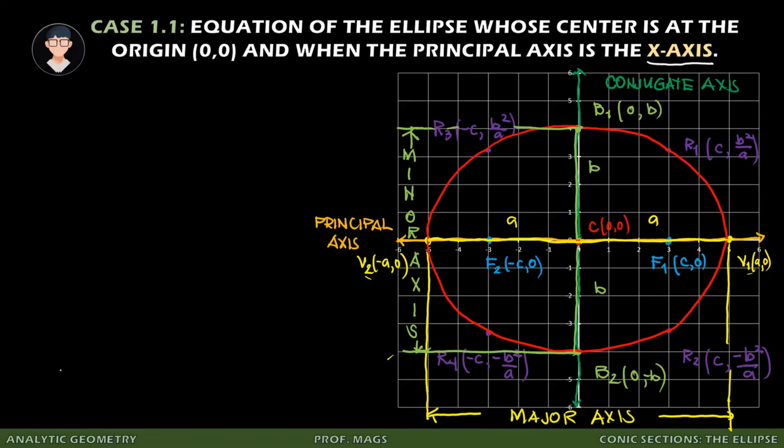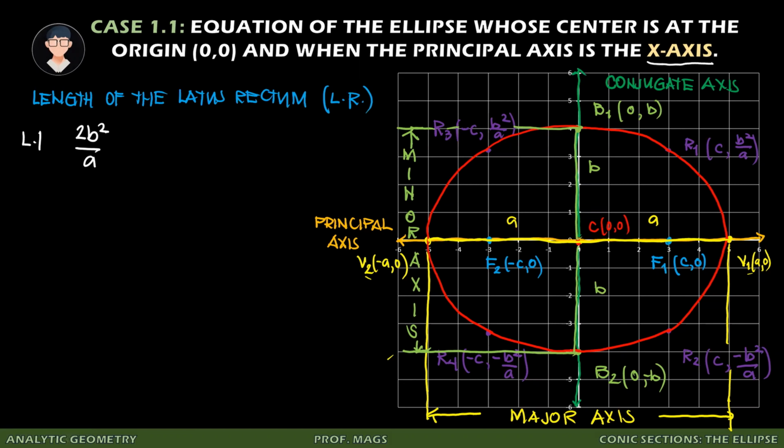And additionally, our length of the latus rectum, which is symbolized as L dot R, that is equivalent to 2B square all over A. That is the length of our latus rectum.